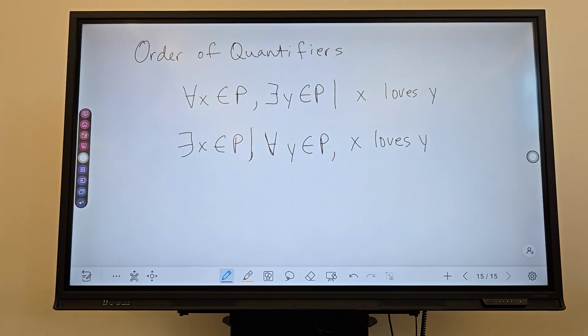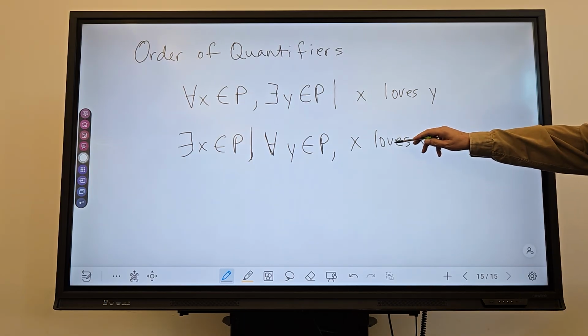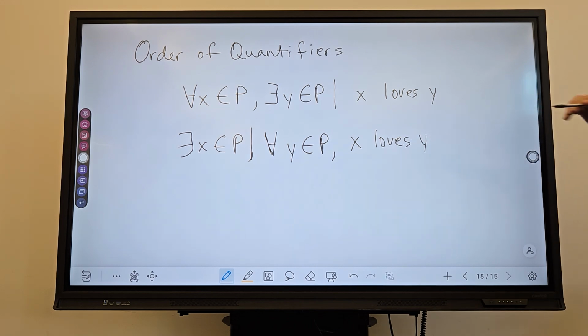Now, I've been using as much symbolic notation as I can, primarily so that you get used to seeing it. In some areas, logical statements are expressed in purely symbolic notation.